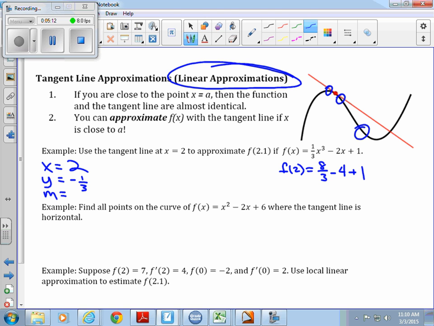The derivative. And I'm going to plug in 2 into the derivative. 2 squared, which is 4. 4 minus 2 is 2. So my tangent line is that right there.